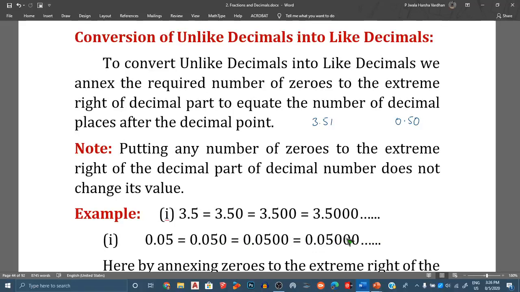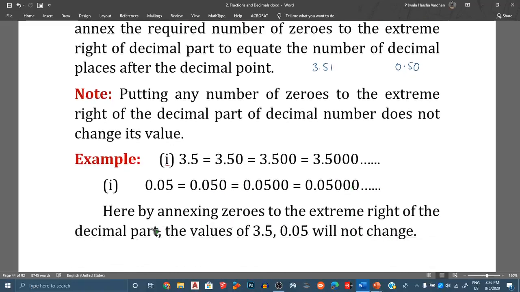So by annexing zeros to the extreme right of the decimal part, the values of 3.5 and 0.05 will not change. That's why to convert unlike decimals into like decimals, we can add any number of zeros, according to the number of digits in the other decimal number.